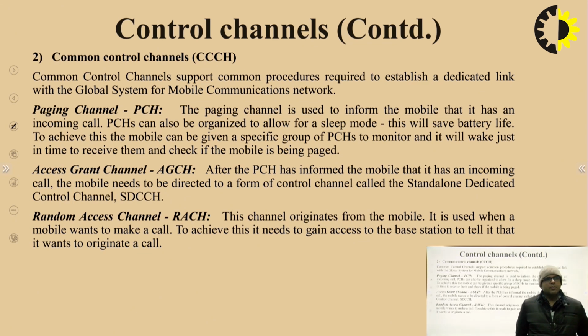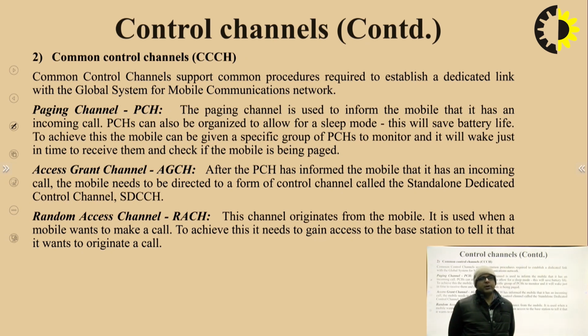Next is the common control channel. The common control channel supports common procedures required to establish a dedicated link with the global system for mobile communication network. It contains the paging channel, access grant channel, and random access channel. The paging channel is used to inform the mobile that it has an incoming call.